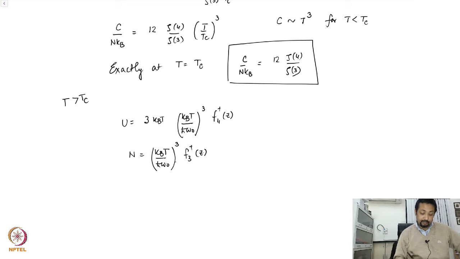So I can now eliminate this kBT over h bar omega naught, which is over here.